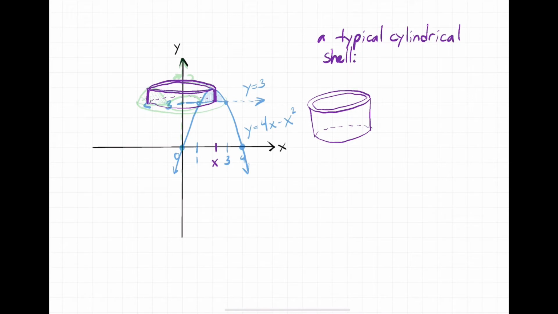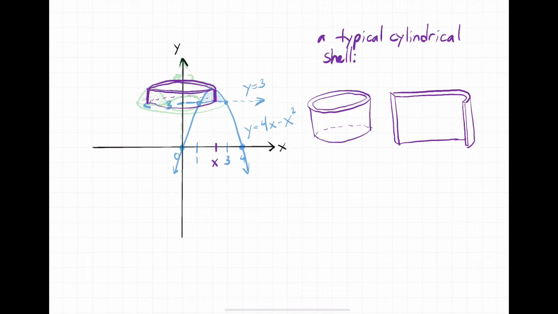and imagine slicing it open and unrolling it so that it forms a sort of rectangular shape. Like this, right? You could unroll it to make a nice flat rectangle with some thickness.